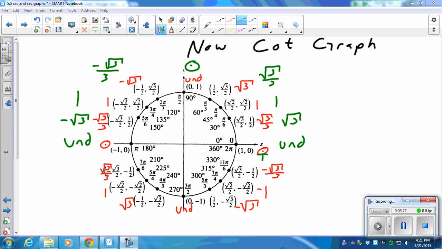So notice we can continue this around, but we have already established our full period. We went from an asymptote, undefined, to an undefined. So for cotangent, we are going to work on this interval from 0 to pi and graph those key points.